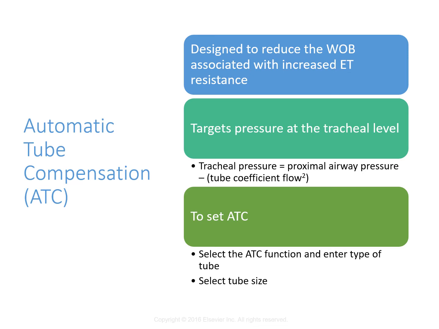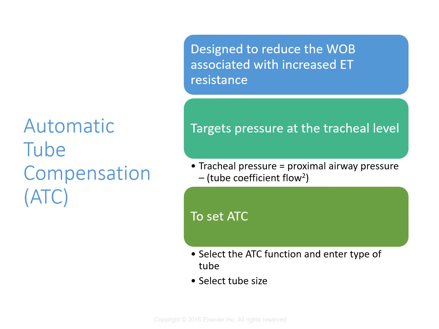So the whole point is to be very precise in compensating for the work of breathing of the patient with the automatic tube compensation. So theoretically, it delivers the exact amount of pressure required to overcome the resistance that the ET tube is giving the patient for the flow.